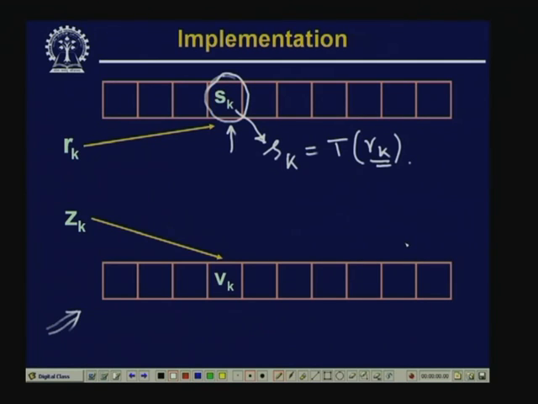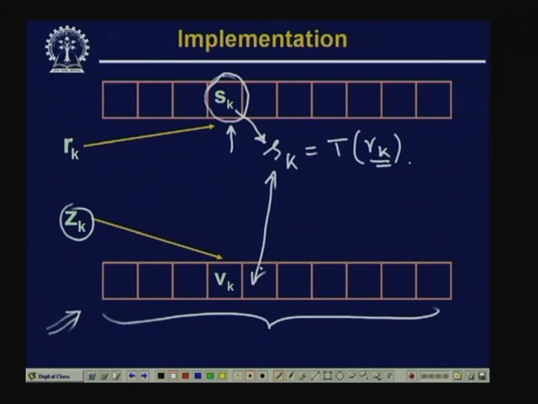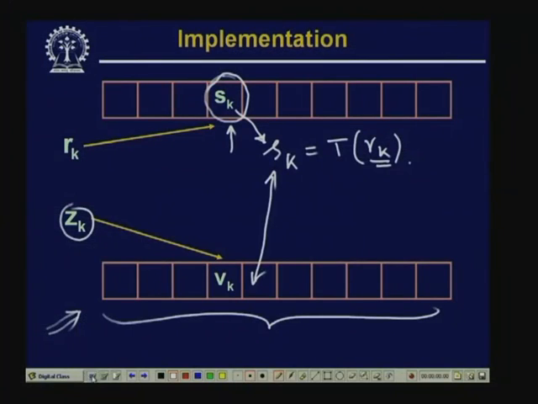For that, we have to find a location in the second array, that is, we have to find the value of z_k where the element is equal to s_k. The forward transformation, s_k equal to T(r_k), was very simple, but the reverse transformation is not that simple. To do this reverse transformation, we have to go for an iterative procedure. The iterative procedure is something like this.